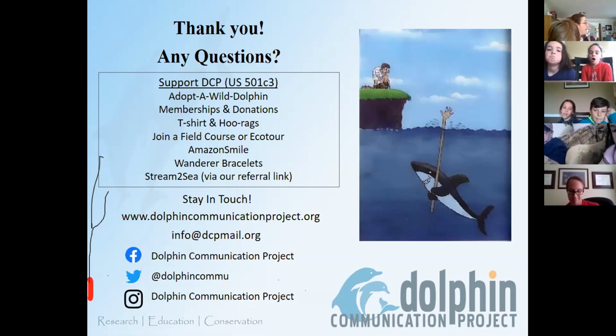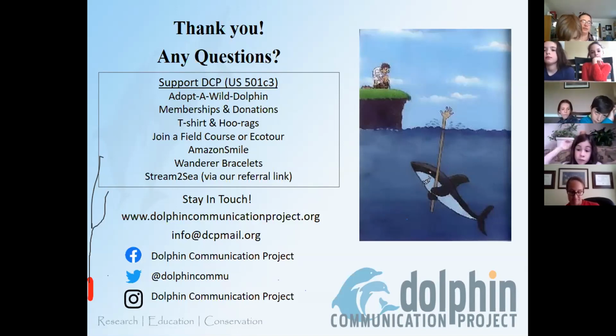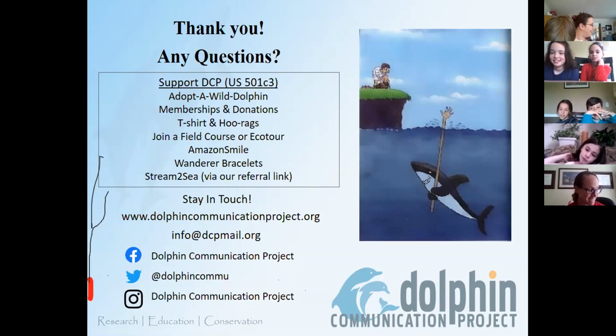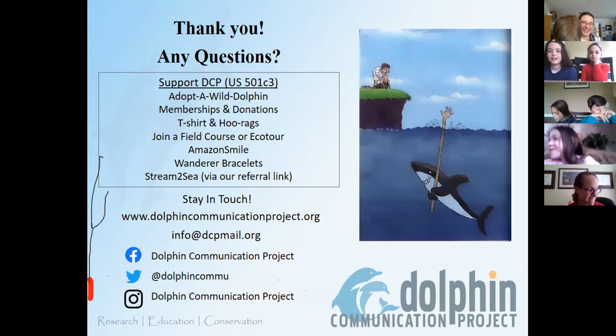Very cool. We'll take one more question, which is how long can dolphins stay underwater? I think that means how long can they hold their breath? Yes. Guess what the answer is? Depends on the species. We don't know how long an Atlantic spotted dolphin can hold its breath.